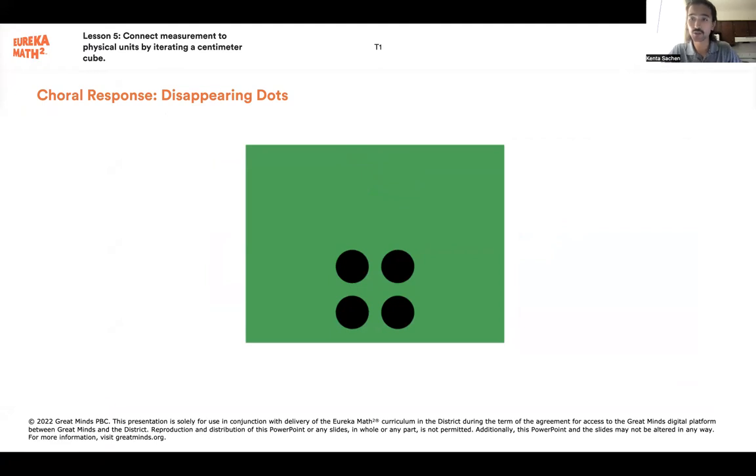How many circles disappeared? Very good. 4 circles disappeared. I started with 8 and 4 of them are gone. So who can tell me a subtraction sentence? What minus what equals what here? Yes, you.